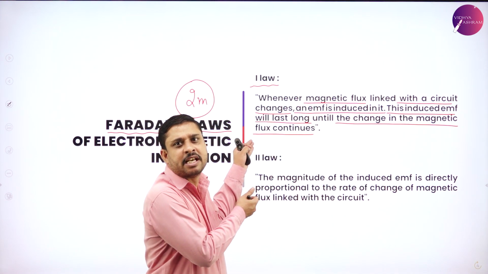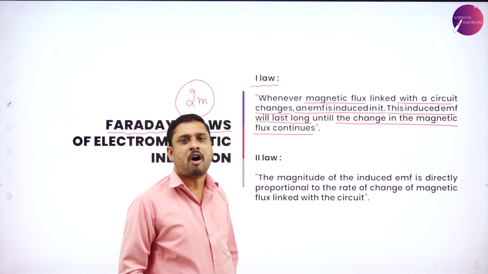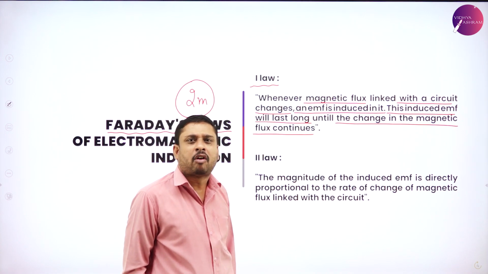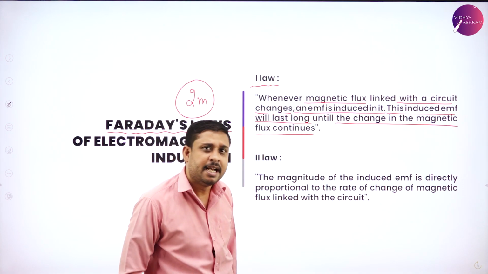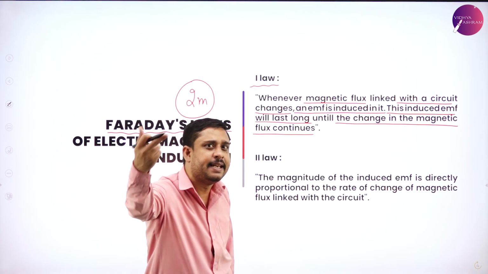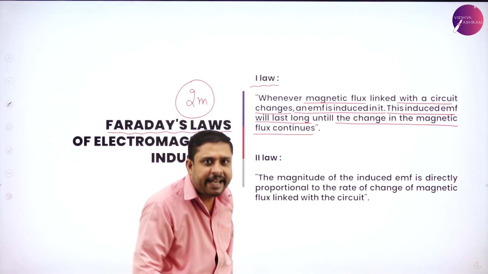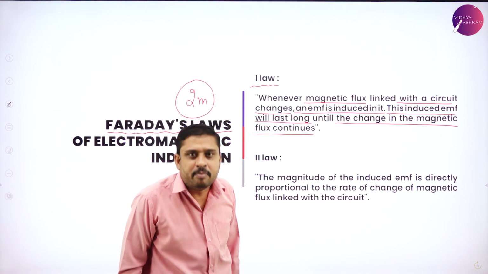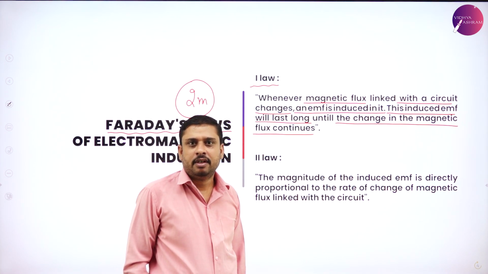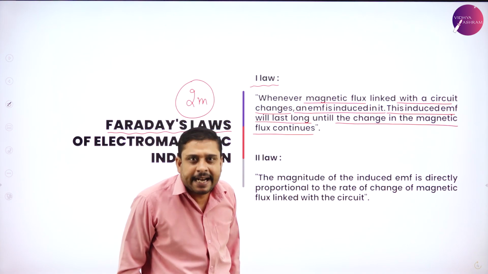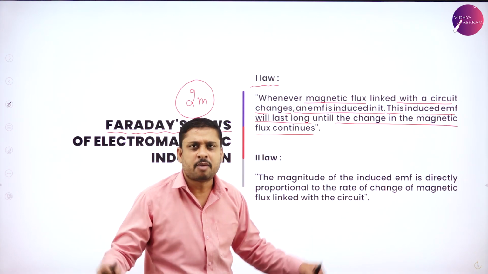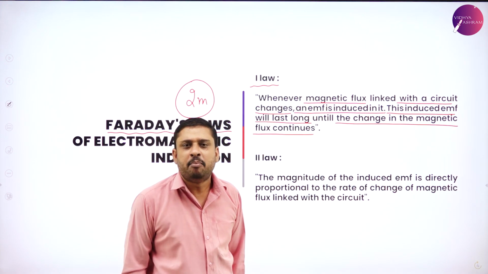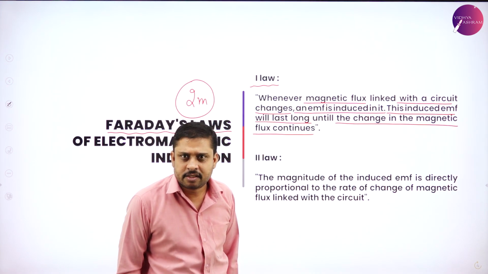In my previous session, I've already worked on the coil magnet experiment, and there are several other techniques in the next. But what is primarily needed? If I want an EMF or a current in the circuit, no other option: change the magnetic flux linked with it.